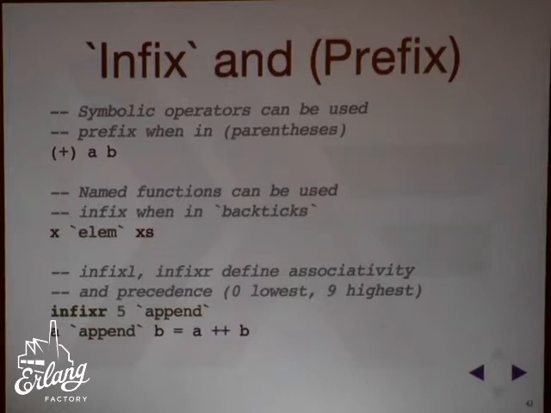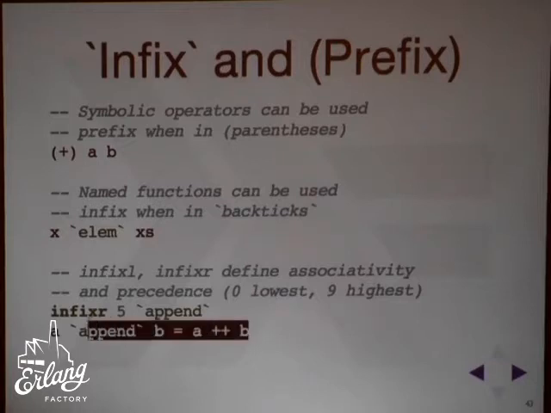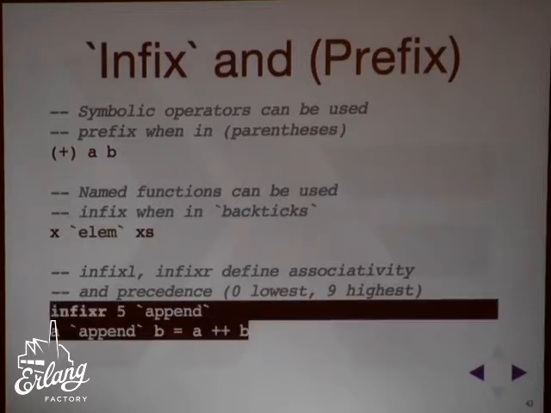So you can take infix operators like plus, and you can use them in prefix form by wrapping them in parentheses. Or you can take any arbitrary function and then use it as infix, which is commonly used for when it would make sense in English, like append or elem or something like that. And not only can you define infix anything anywhere, you can also define the precedence and whether it associates to the left or the right, essentially where the parentheses go.